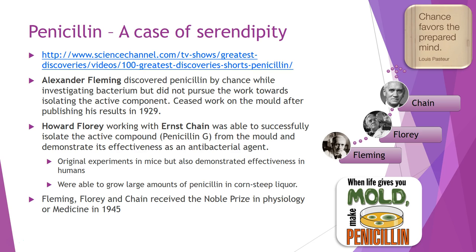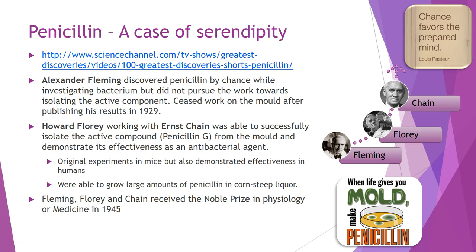So Fleming made the original serendipitous observation, and the research was continued by Howard Florey and Ernest Chain to discover penicillin. Okay, but it was limited by how we could extract it.